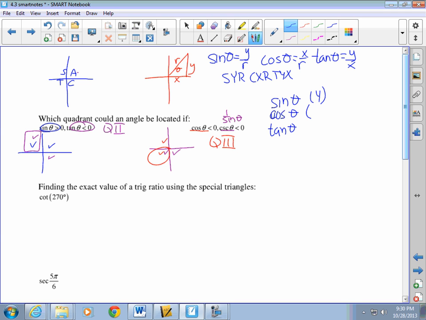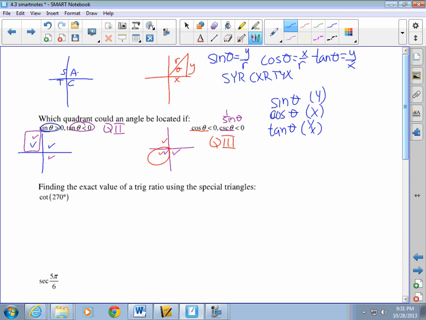Cos of theta is adjacent over hypotenuse, so that is the same as the x. And our tangent was sine over cosine, or opposite over adjacent, which is just y over x.